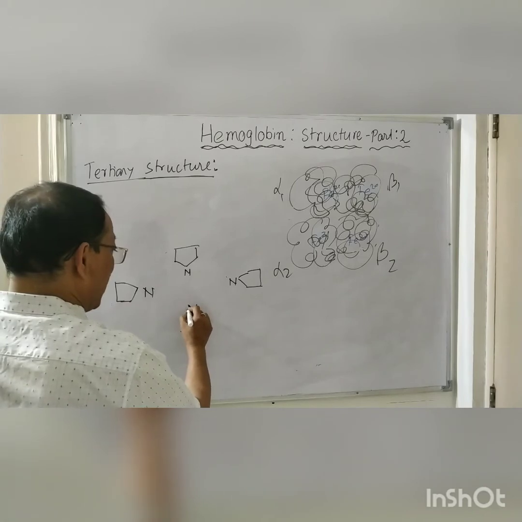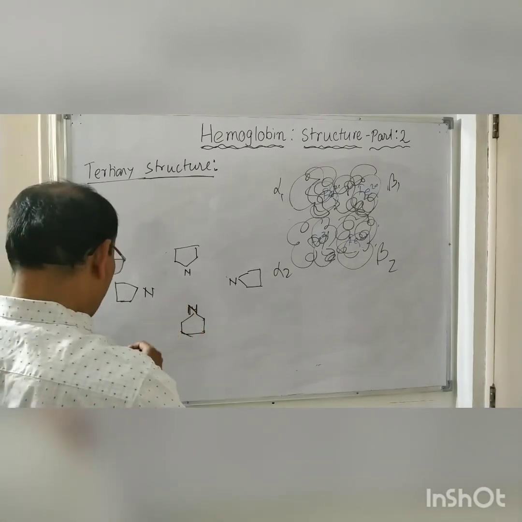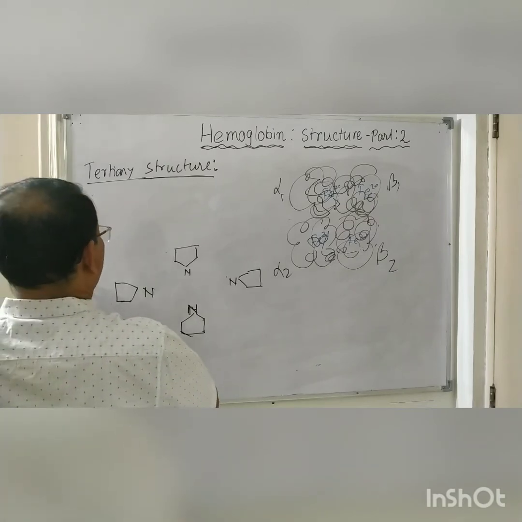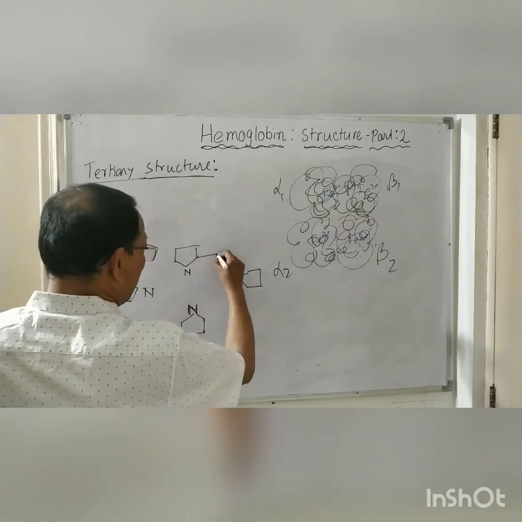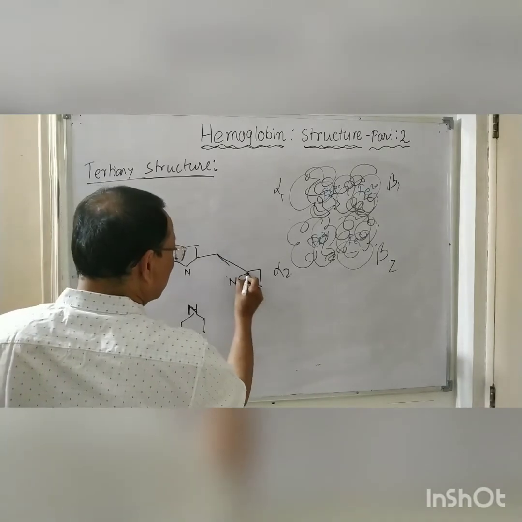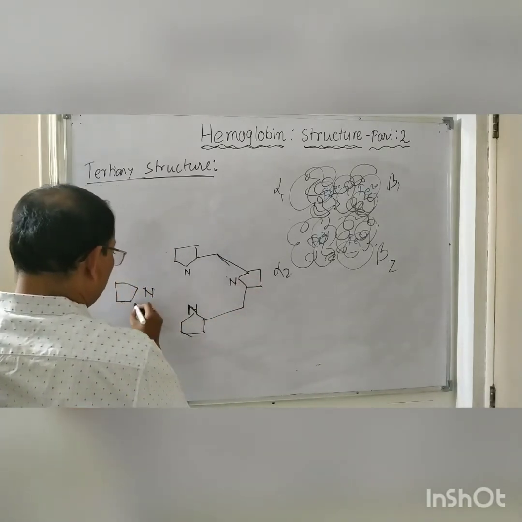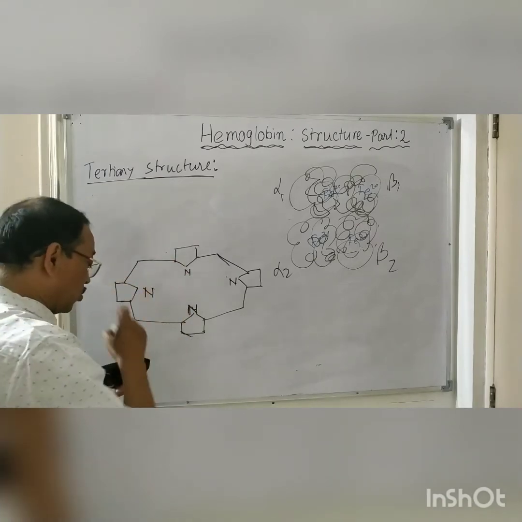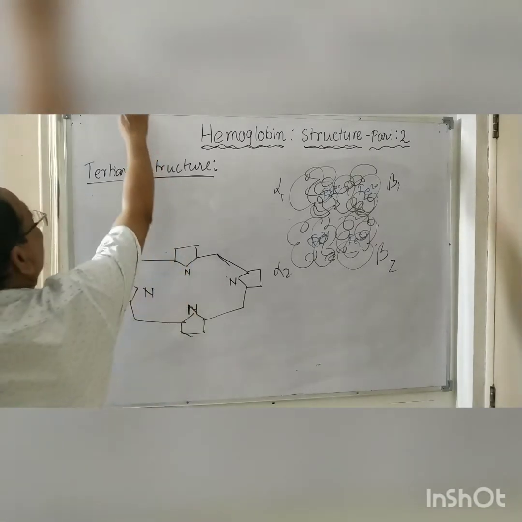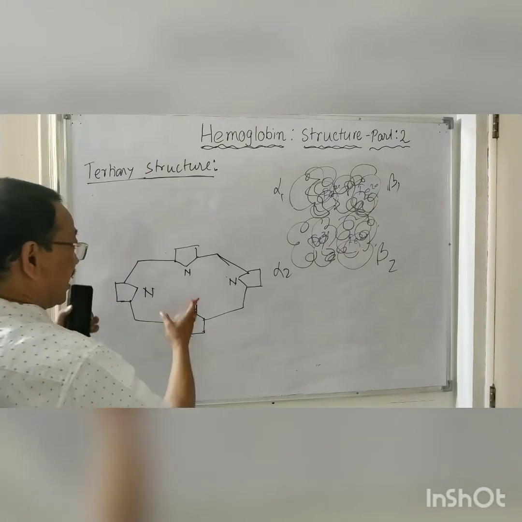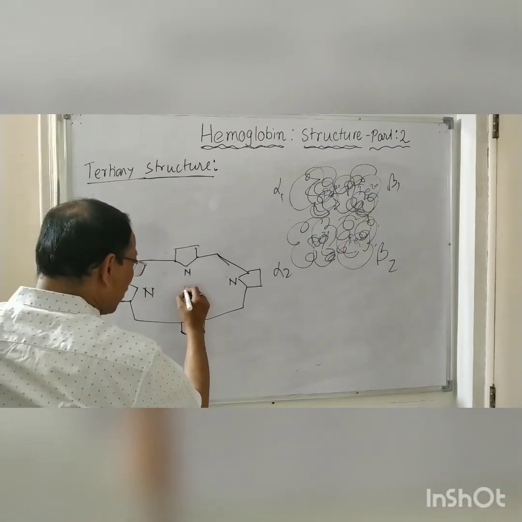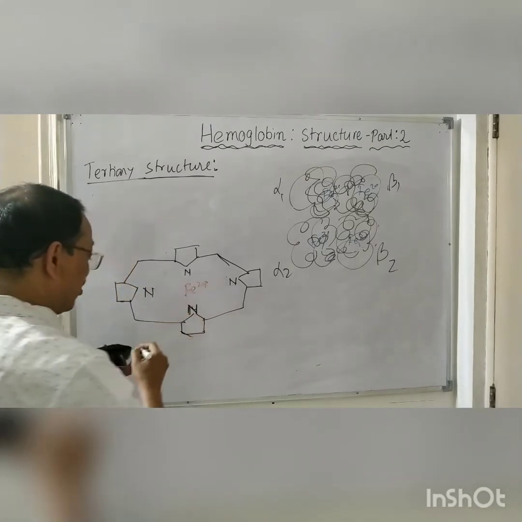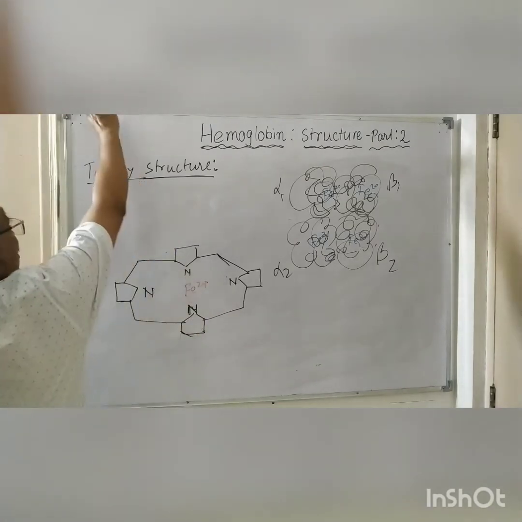And as I told, these four pyrrole rings, the tetrapyrrole ring, are bound with the methylene bridge. And I told that at the center of the tetrapyrrole ring, there is a ferrous ion.